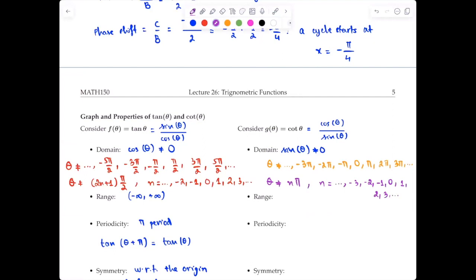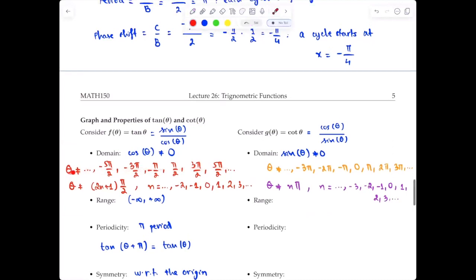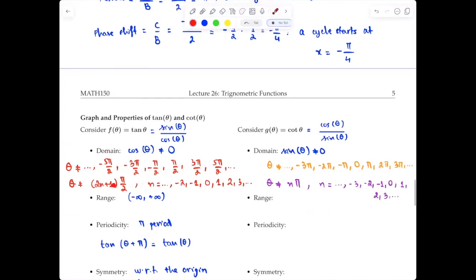Okay. So I just ask you to try to understand how to get to this value in the case of tangent of theta, and this value in the case of cotangent of theta. You don't have to write in the compact form. It's just that I want to give you the information.